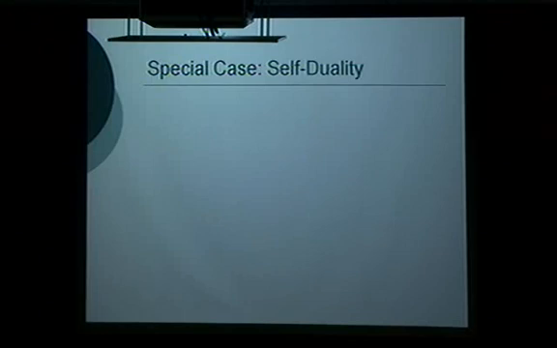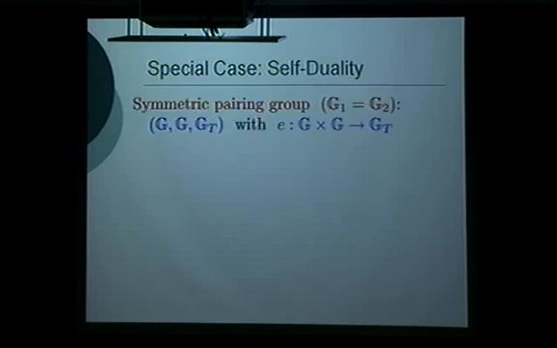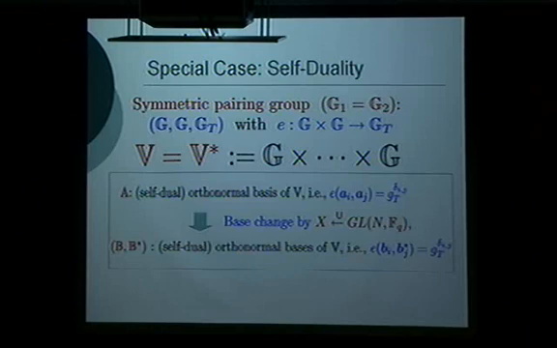And we often use some special cases of self-duality. If we use a symmetric pairing group, so here G1 equals G2, then the pairing is defined like this. Then the vector space V is equivalent to V star by this. Since V is equivalent to V star, there is only one canonical basis for both.